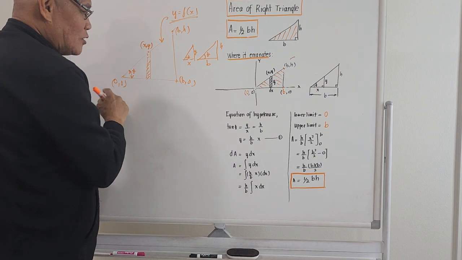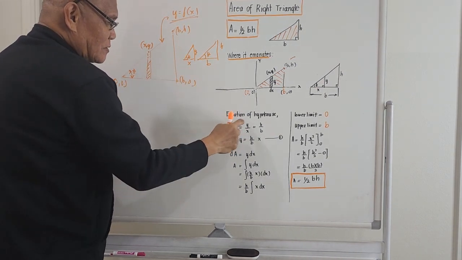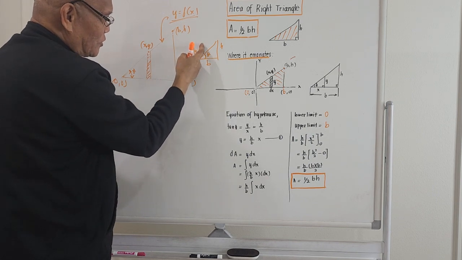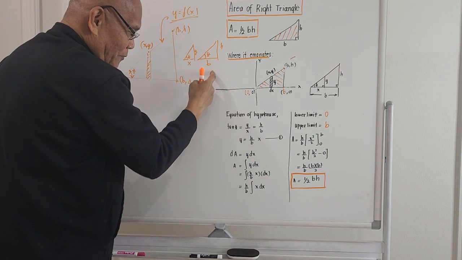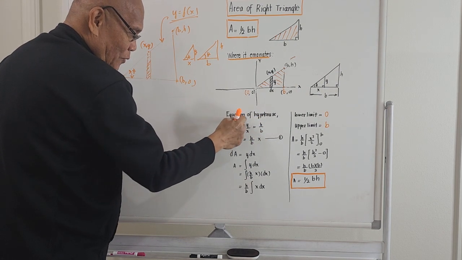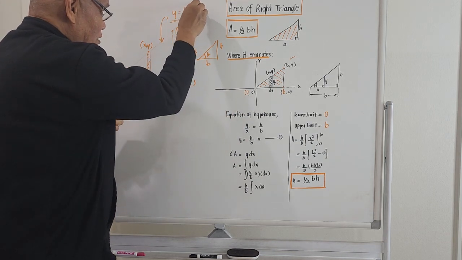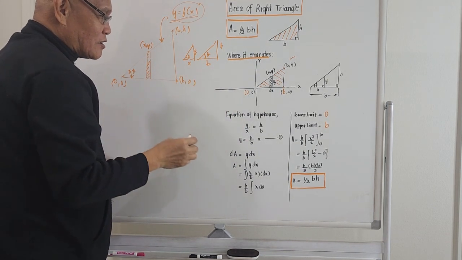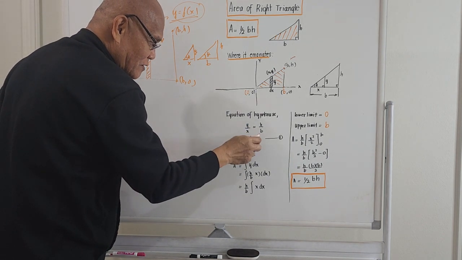Taking the tangent of theta will be y over x. Tangent is opposite over adjacent, so y over x equals h over b. And we could erase this now. From this equation, we could take the equation of y as a function of x, and y as a function of x is y equals h over b times x.